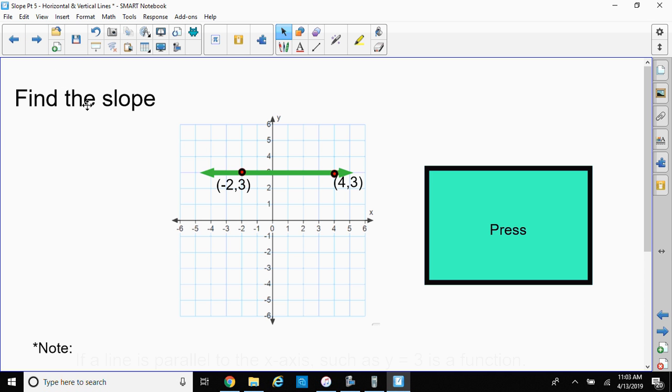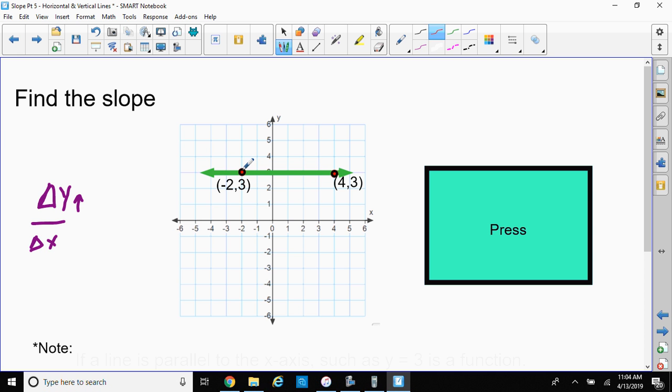Let's find the slope of this line. So we have 2 points here, and we want to find the slope. Well, you remember in our studies on our slope videos, the slope is the change in the y value over the change in the x value. So let's write that down. This little triangle means change over the change in the x value. So in other words, how many boxes do you go up in order to get to the next point?